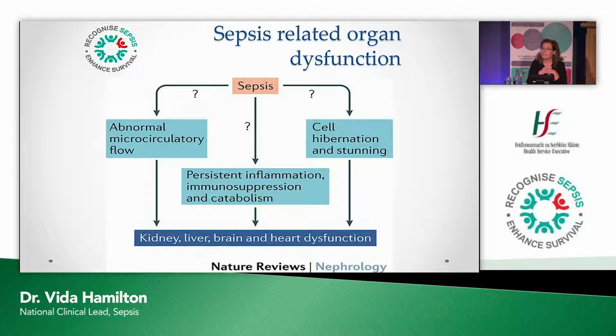And the idea is that that shutdown is temporary, so that when the threat passes, you get a rapid resolution of organ function and the organism can continue. And we see that very well in sepsis-induced kidney injury, where once the infection is sorted out, you get a very rapid return to renal function.